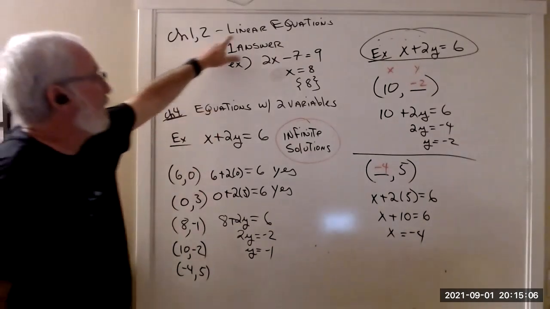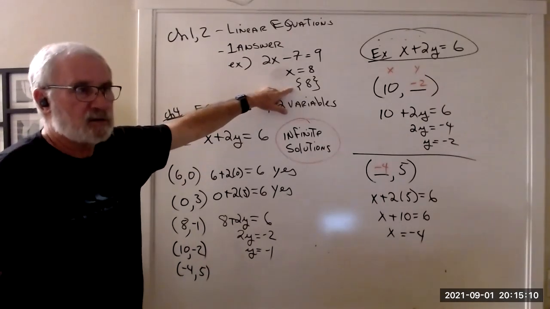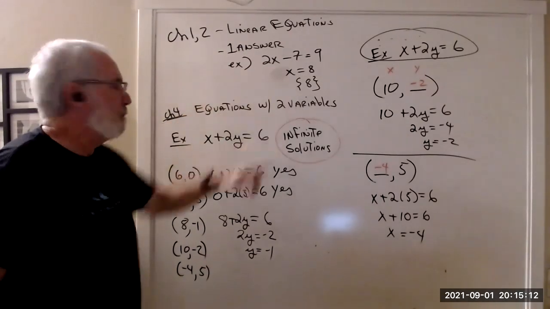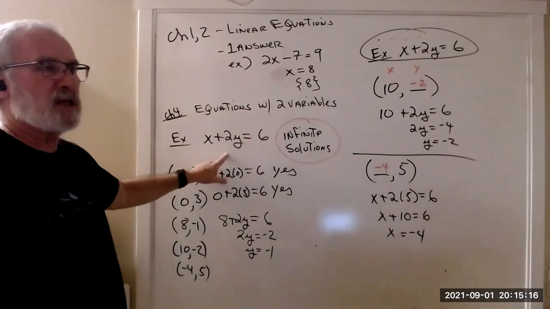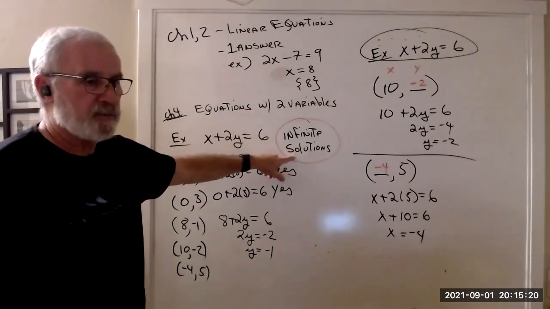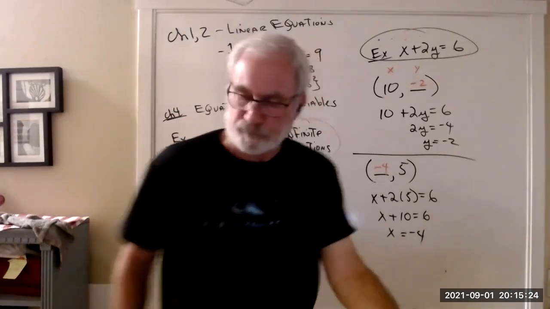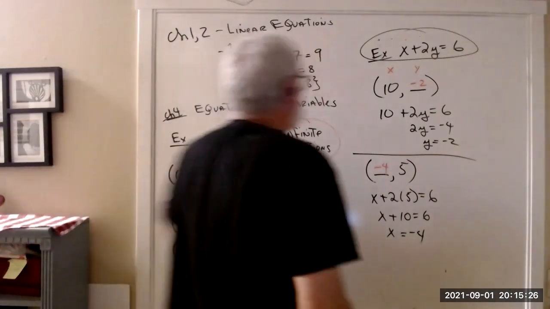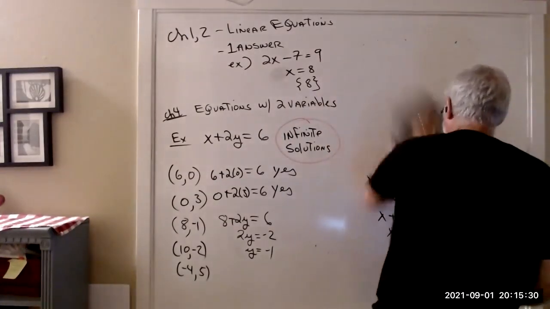Now, for a linear equation, you could give me the solutions. Piece of cake. Okay. But for an equation with two variables in it, you can't possibly give me the solutions because there's an infinite number of them. So what we do instead is we introduce the concept of a graph.